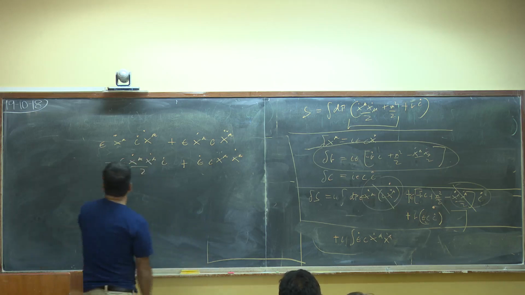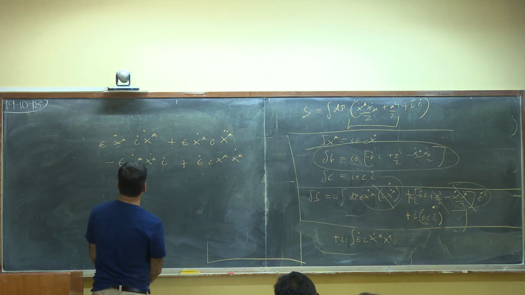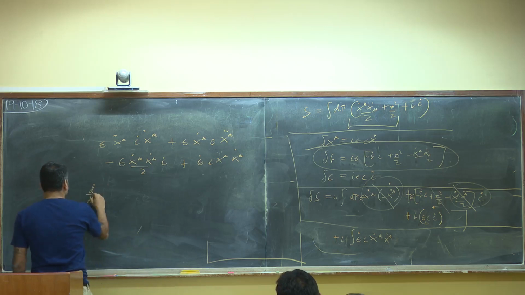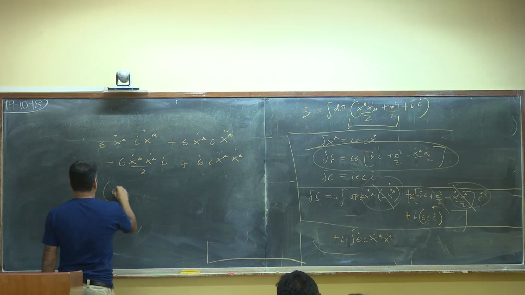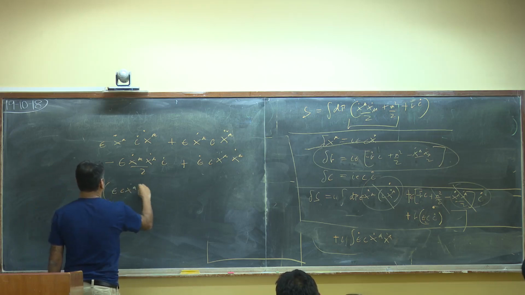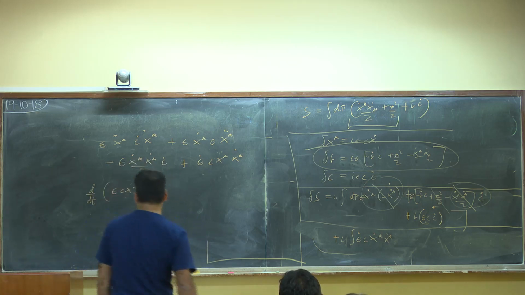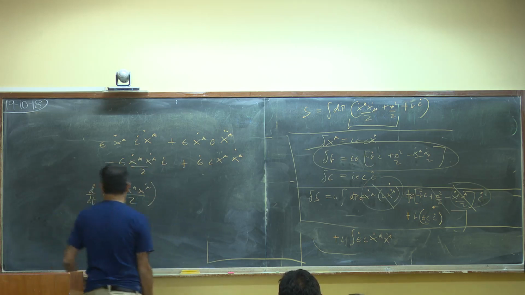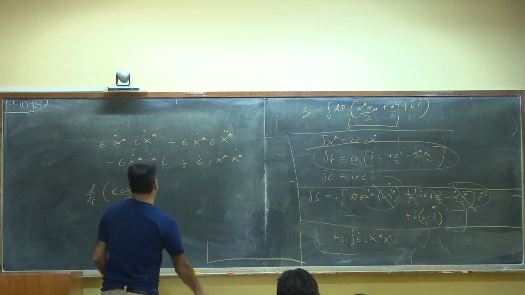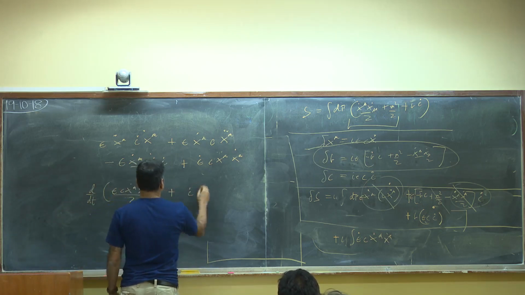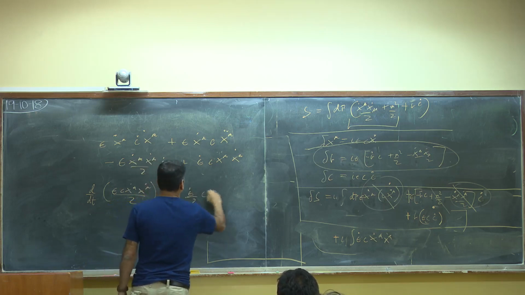Now let us write this whole thing here as d by dt of epsilon c x mu dot plus something by 2. I'm clearing this, and then there is this plus epsilon dot by 2 c x mu dot x mu dot.